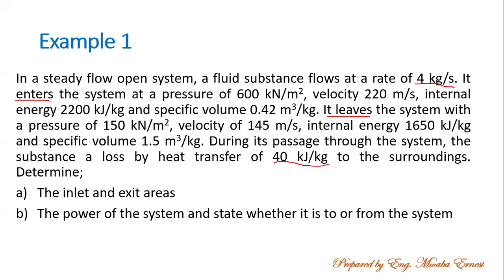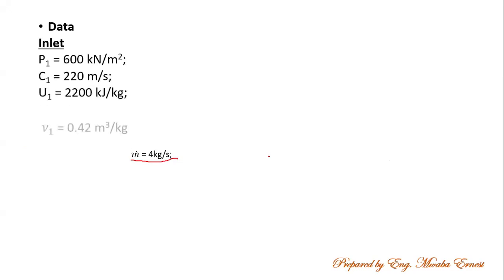When heat is leaving a system, that amount of heat is considered to be negative. If the heat has been received, we consider that heat energy to be positive. But in this case, the heat is being rejected, it's leaving the system, it's heat loss. So it's negative heat energy. That's why Q is negative 40 kilojoules per unit mass.